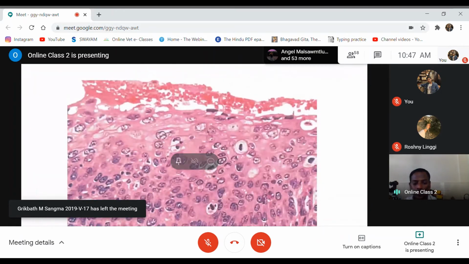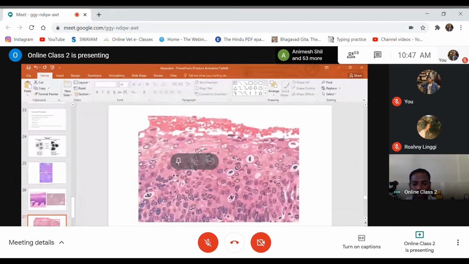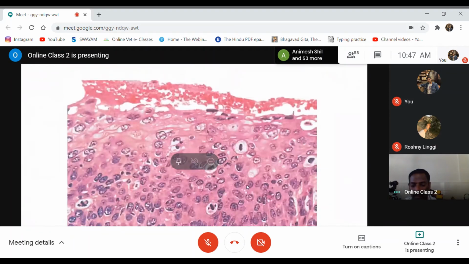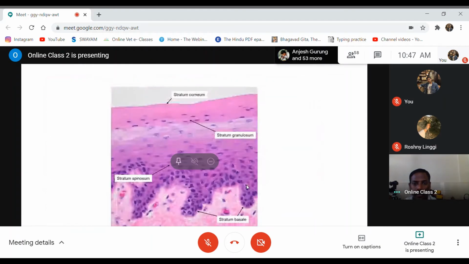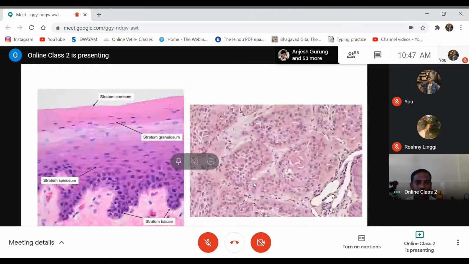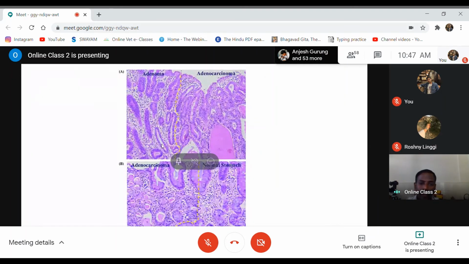But then you can find, see this epithelium is the shape and size, but here it is adenocarcinoma, a malignant condition where the architecture is totally changed.